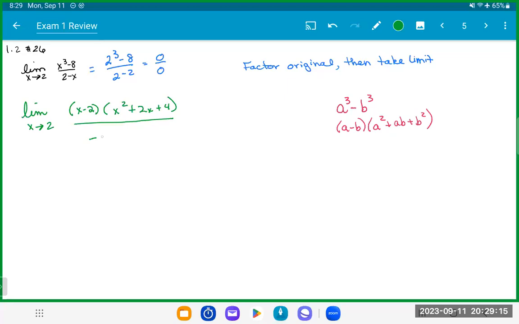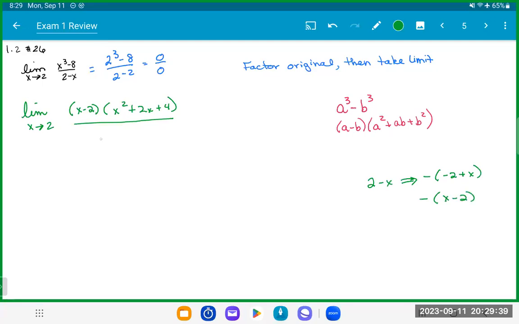If I have 2 minus x, that becomes a negative. If I factor a negative out of each of those, negative 2 plus x, I can rewrite that then as negative x minus 2.